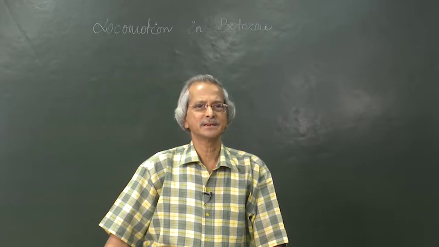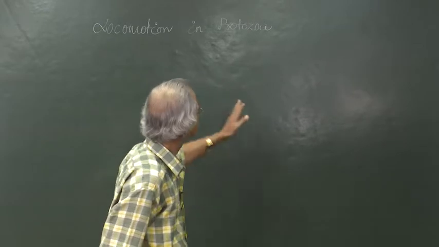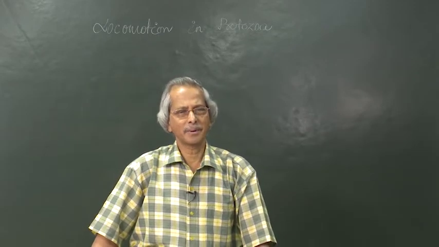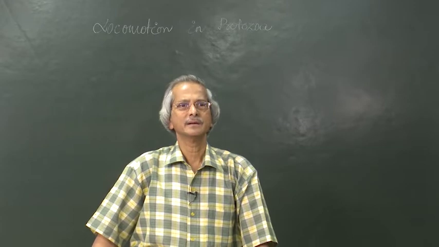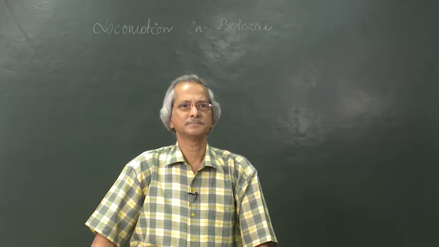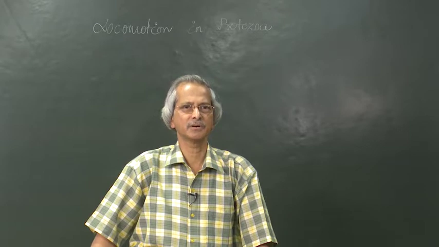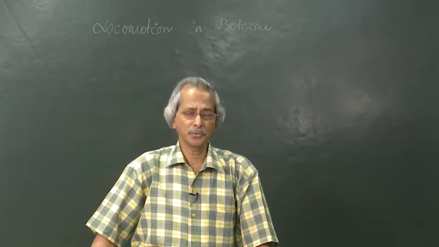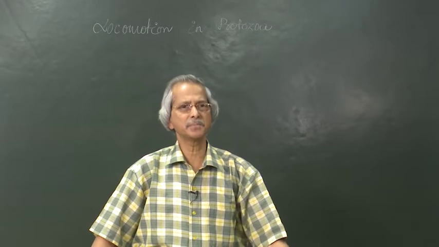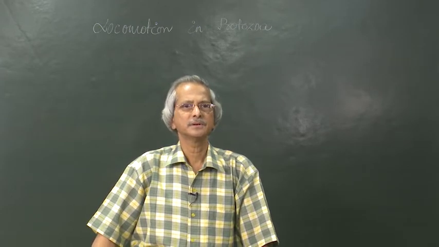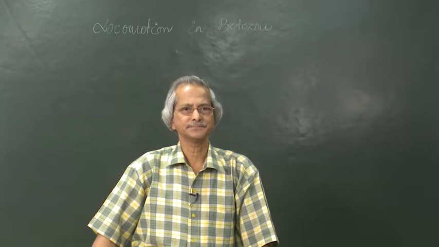So today we will start another topic of Unit 1. That one is locomotion in protozoa. So this will be our today's topic. In fact, in last class we discussed the different faunal diversity of our earth, and more particularly in the previous class we completed the different groups of the animal kingdom.